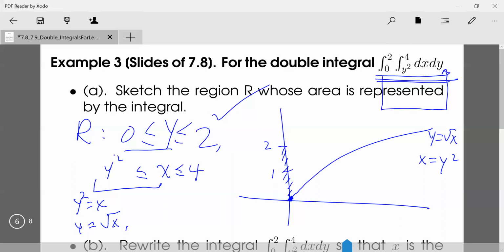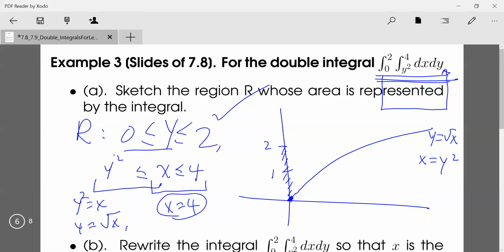That's one side of the region. The other one is x equal to 4. So we consider the equations defined by the equality here and the equality here. And x equal to 4 is 1, 2, 3, 4. Look at this. Okay, it's x equal to 4.